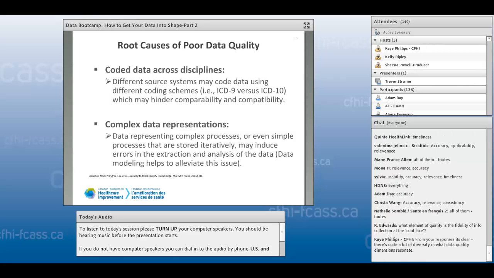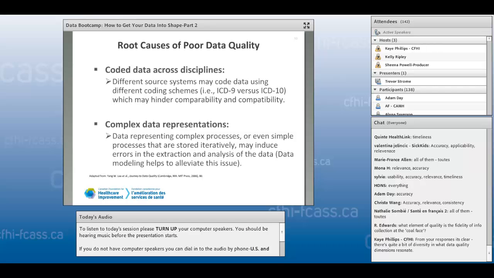And so suddenly you've got in your data set two different codes which mean the same thing, but they're different by a symbol. And so this can cause issues when we're trying to extract this data and analyze it and compare it.